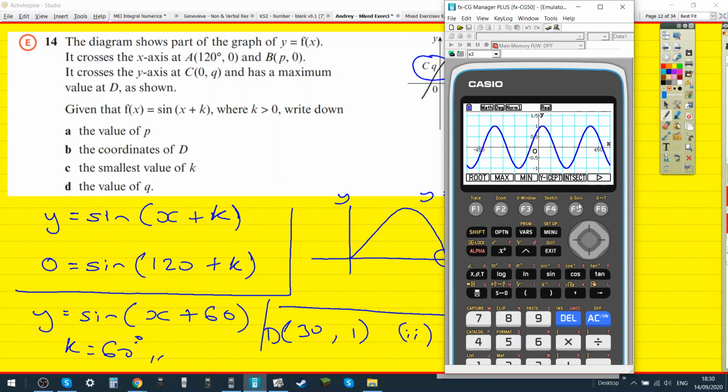They asked for D, which is like the top of that. So is D just like that little bump next to the one? Mm-hmm. And so is D going to be like something 1?